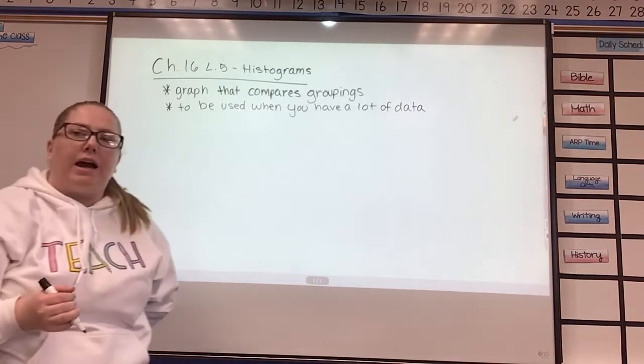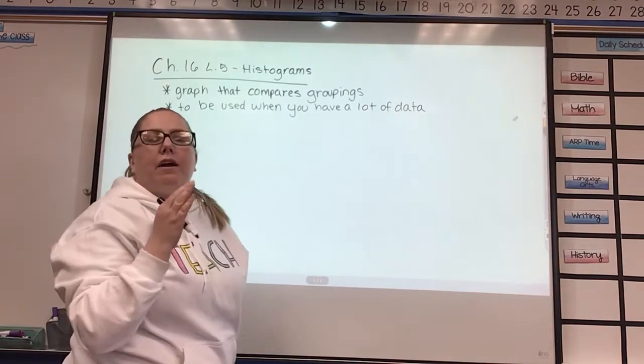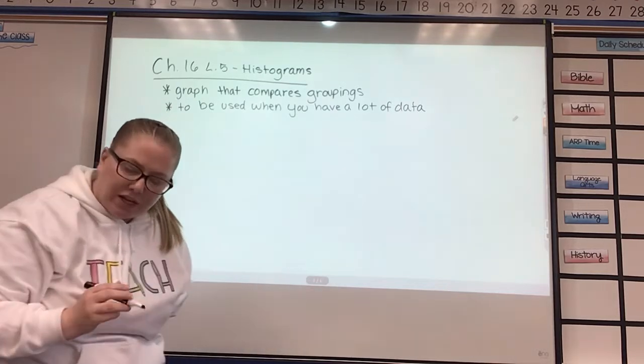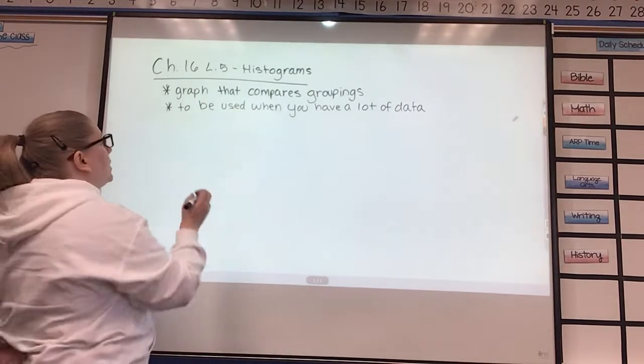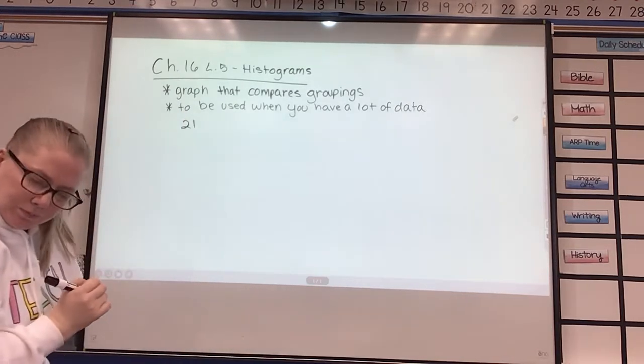So I have a hockey team and I have the ages of their players listed. So what's going to happen is you're going to get a list and it's going to have numbers.